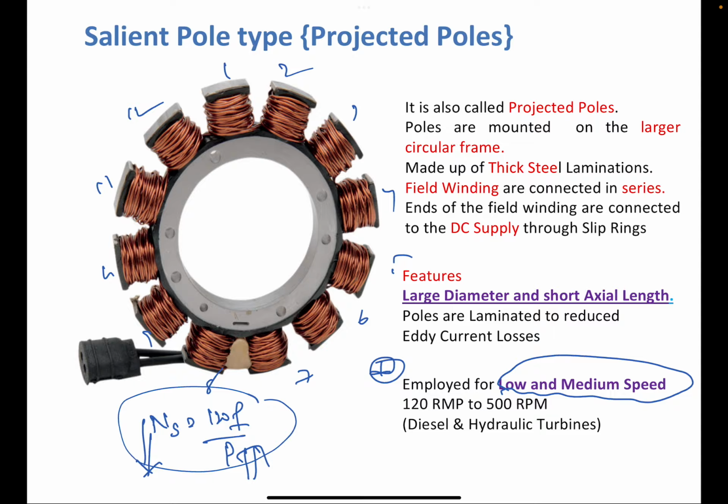You have to explain this, then only will you get better marks. For the projected pole type rotor, more poles can be accommodated in the rotor. As there are more poles, as per the formula N equals 120 F by P, we get less speed. That's why it is suitable for lower speed applications.